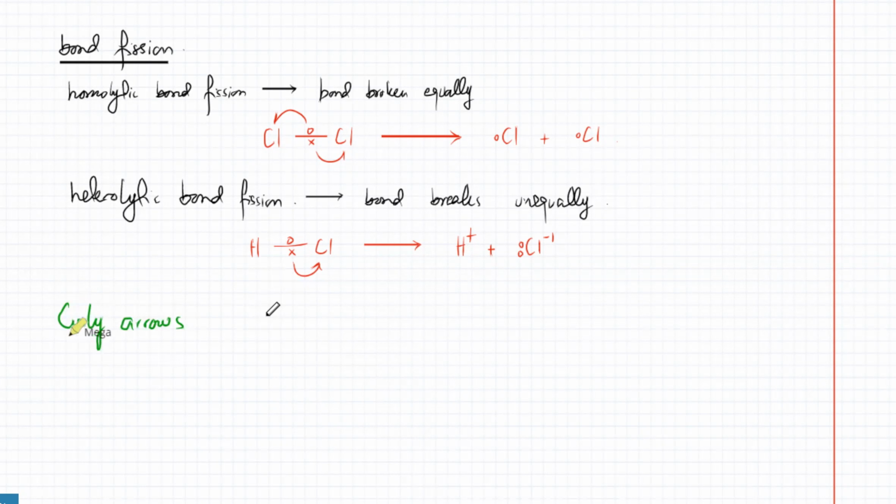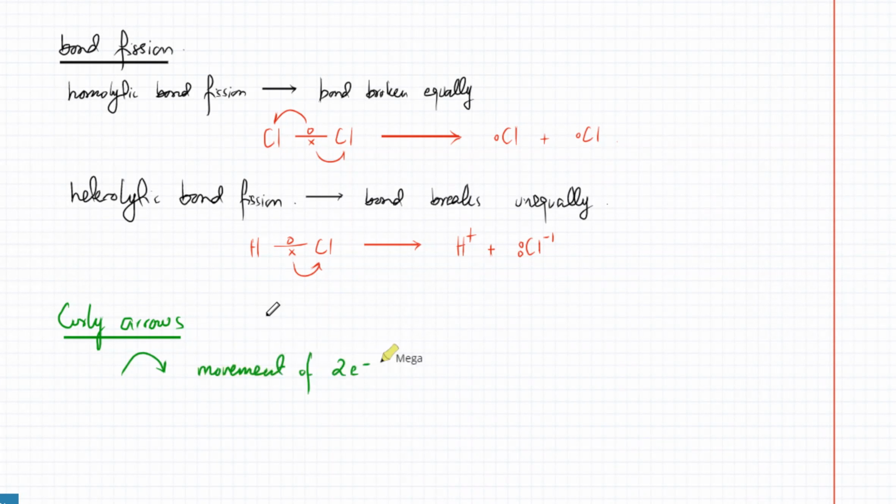I'll just quickly tell you what curly arrows are. I mean, it should not be really curly; you can probably get away with them not being curly. A curly arrow shows the movement of two electrons. That's a full curly arrow.